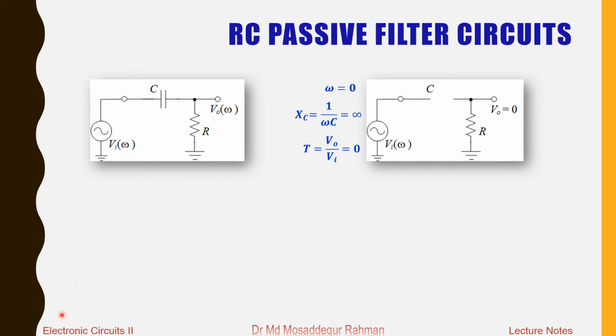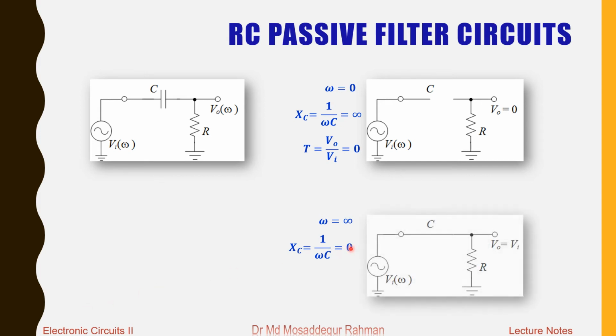Now we check at the other extreme, at very high frequency or infinite frequency. What happens? Frequency is infinity, so reactance of the capacitor is 0, and that is how the circuit will look. Now the capacitor will behave like a short circuit, and the output terminal is now shorted to the input through the capacitor.